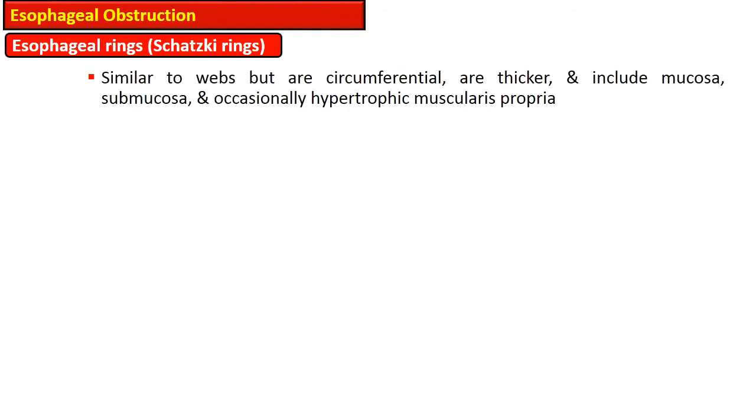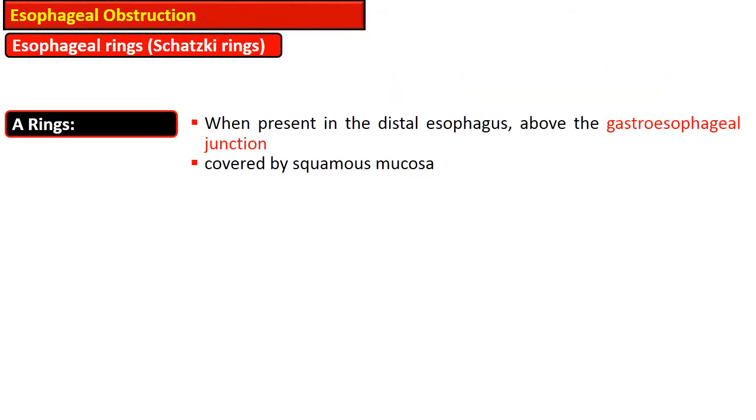Another cause of esophageal obstruction is the presence of esophageal rings, also termed Schatzki rings. They are similar to the webs, but they are not semi-circumferential; they are circumferential and thicker, and they include mucosa, submucosa, and occasionally hypertrophic muscularis propria. They are divided into two types.